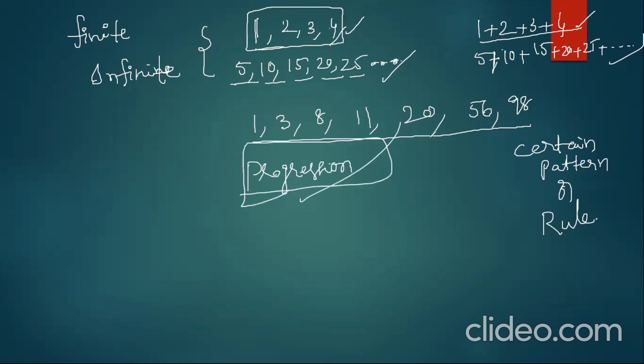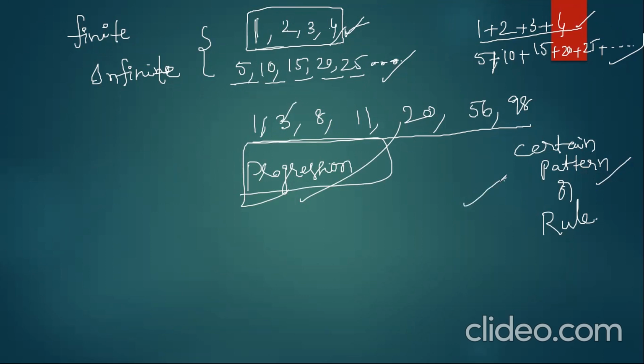So we can now easily define progression: a sequence whose terms follow a certain rule or pattern can be called a progression.